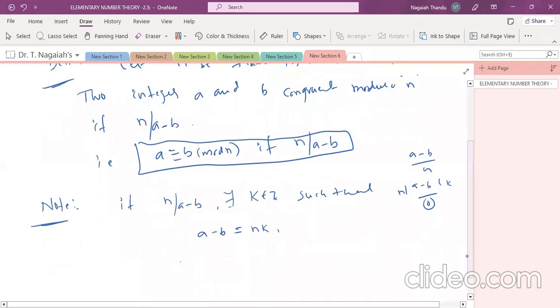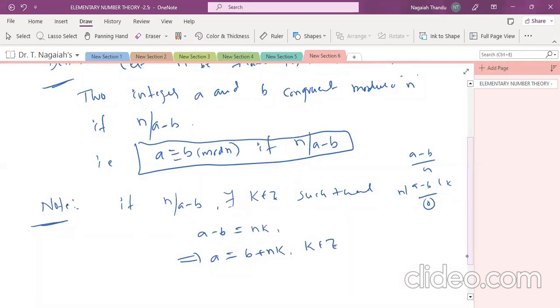This gives A is equal to B plus nk, where k belongs to Z.